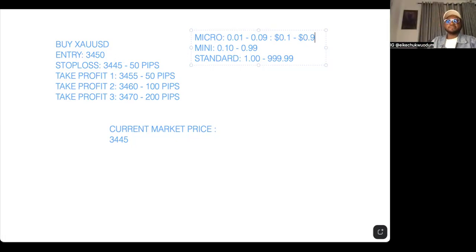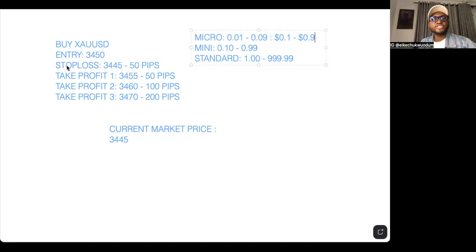It's less than $1. So if we take the lowest lot, for example, let's say you entered this trade with 0.01, it means that for every pip movement, are you listening to me, guys? You're making or losing $0.1.